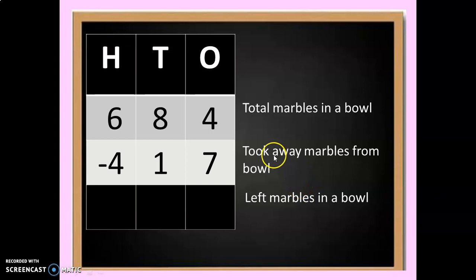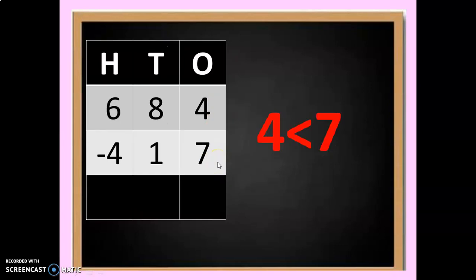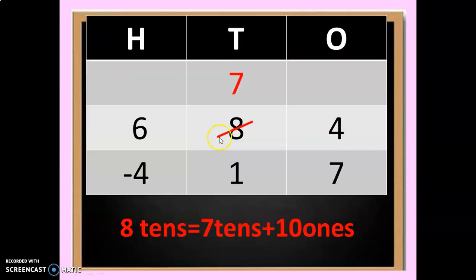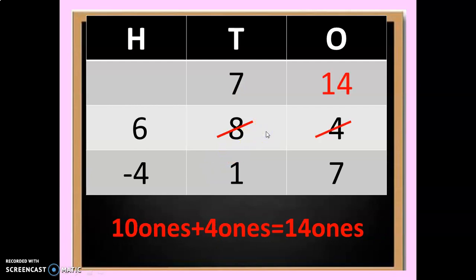We have to subtract ones, that is 4 minus 7. 4 minus 7. This is in the ones. Now 4 is smaller than 7. So we regroup 8 tens as 7 tens plus 10 ones. Am I right? So now we have 10 ones plus 4 ones equal to 14 ones.